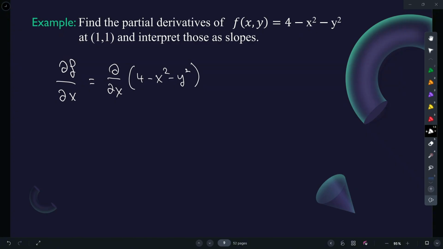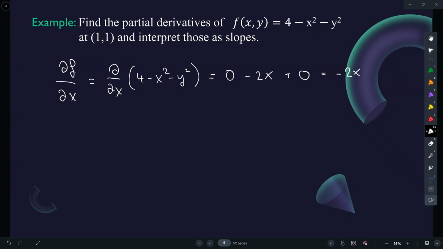These are two independent variables, x and y. So the derivative of 4, that's a constant, I get 0. The derivative of minus x squared is minus 2x. And the derivative of minus y squared is just like a constant, 0 again. So the partial is minus 2x.